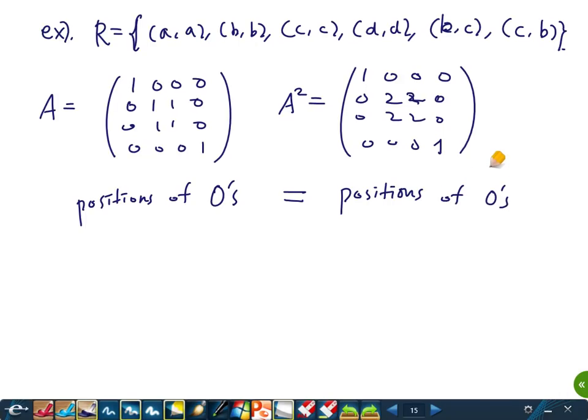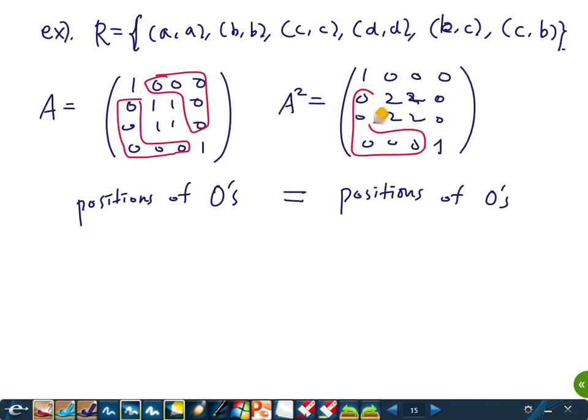Just look at the zero entries: here is exactly this part and this part. It's the same. So every non-zero entry here is still non-zero entry there.